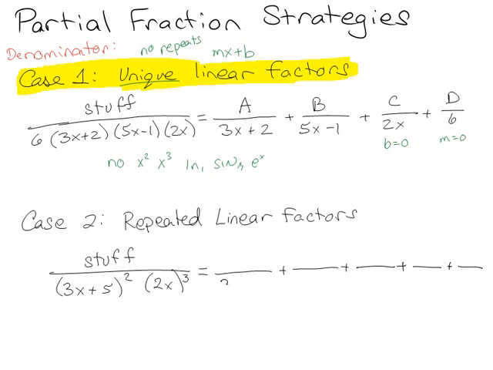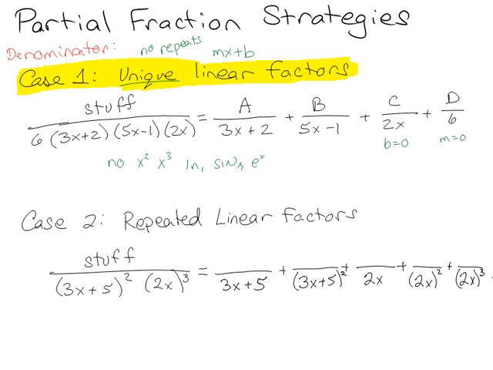Now I have 3x plus 5 as one of them. It would be silly to write 3x plus 5 again, so I'm actually going to write 3x plus 5 squared. Got it? Then for the 2x, 2x cubed, I'll write 2x, and then I'll have 2x squared, and then I'll have 2x cubed.